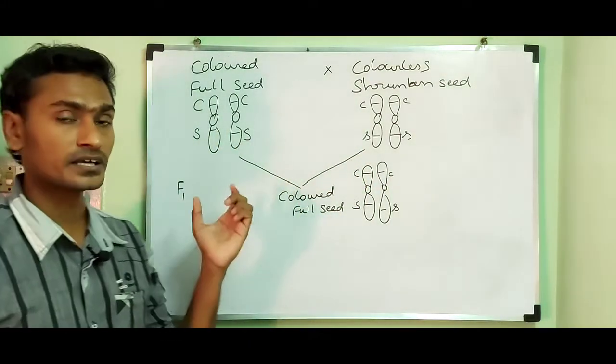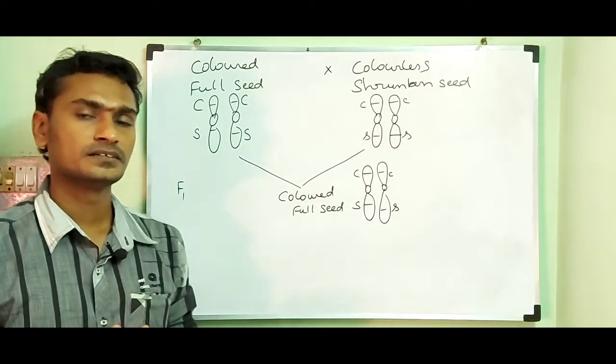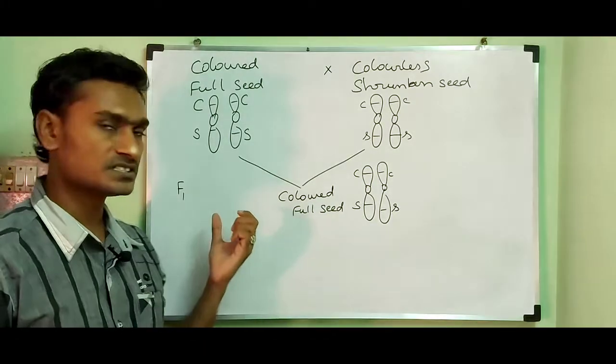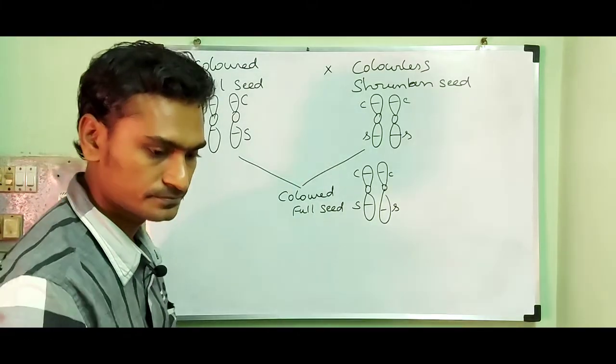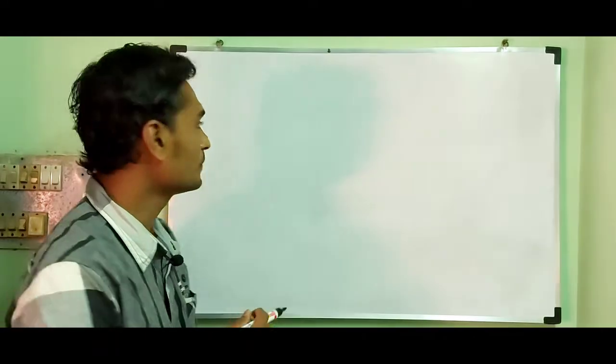So it is a heterozygous dominant individual. Then I am going to make a test cross between the F1 generation and the double recessive parent. That is, a test cross between the heterozygous dominant parent and the double recessive parent.